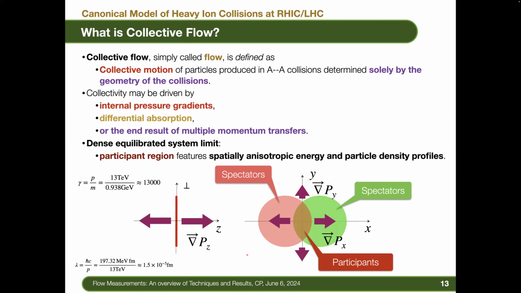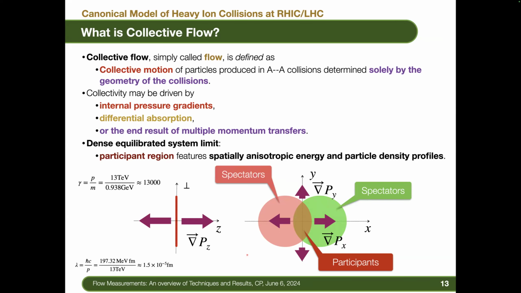Okay. So what is collective flow? I've given you some examples of this, but let's talk about this in more technical detail, if you will. So collective flow, or simply called flow, is defined as the collective motion of particles that are produced in AA collisions, perhaps even in pp, proton-proton collisions. And this collective motion is determined solely by the geometry of the collision.